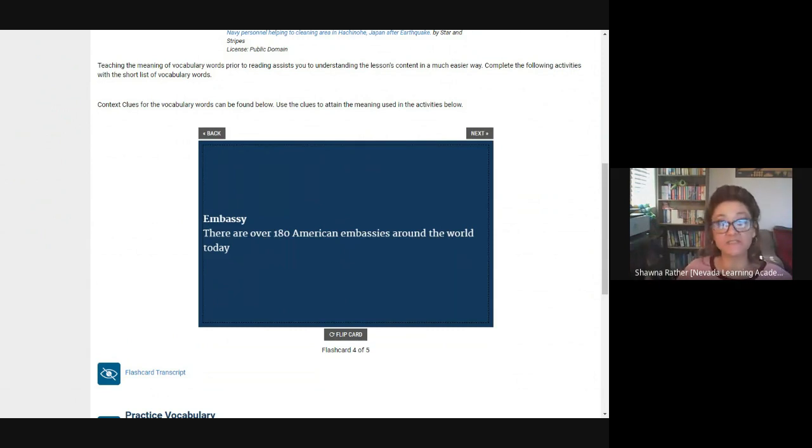So American embassies are actually guarded by Marine Corps. And once you walk past the gate, if they allow you into the embassy, you are officially on American soil unless or until a country revokes that ability.